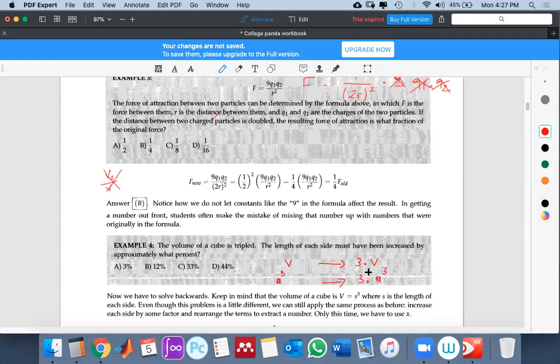I want to change something just to get simpler calculations. Let me say the original V is B cubed times A cubed. So what will be the new one? 3 times B cubed times A cubed. So to get 3 times the original amount, what should I do?